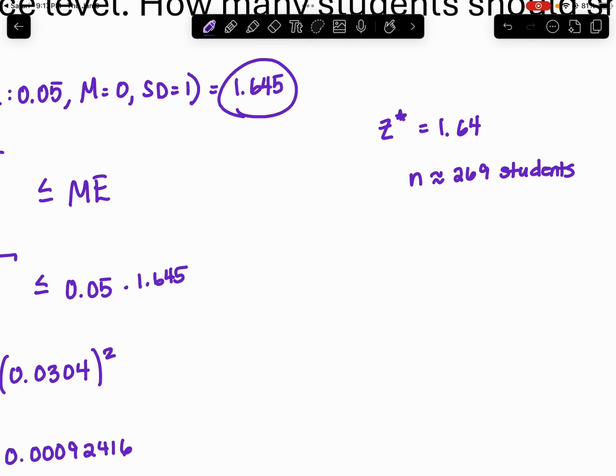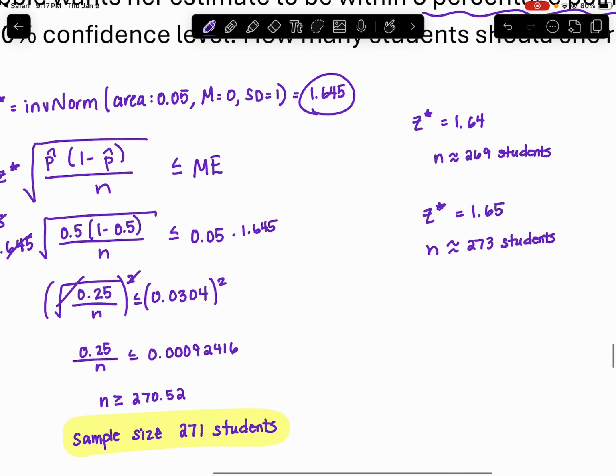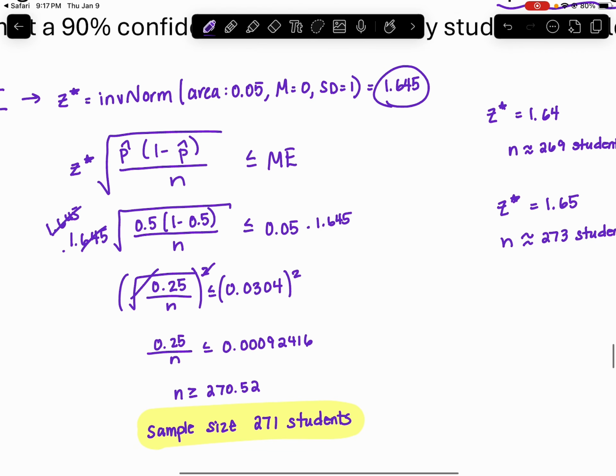However, if you rounded this to 1.65, you would need approximately 273 students. So you can see our value is right in the middle of those two. So just know that sample size can vary slightly depending on where you round throughout the problem and all of those different things.